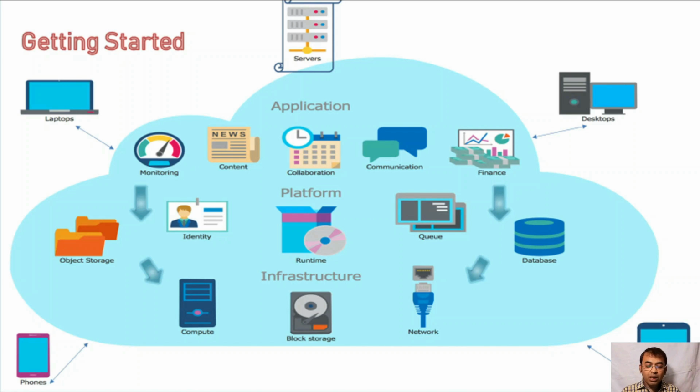So now I will tell you what services are actually given by the cloud. There are three basic services. One is called IaaS, that is infrastructure as a service. That means we can use the cloud infrastructure like storage, CPU, server, whatever you want. Next is platform as a service.